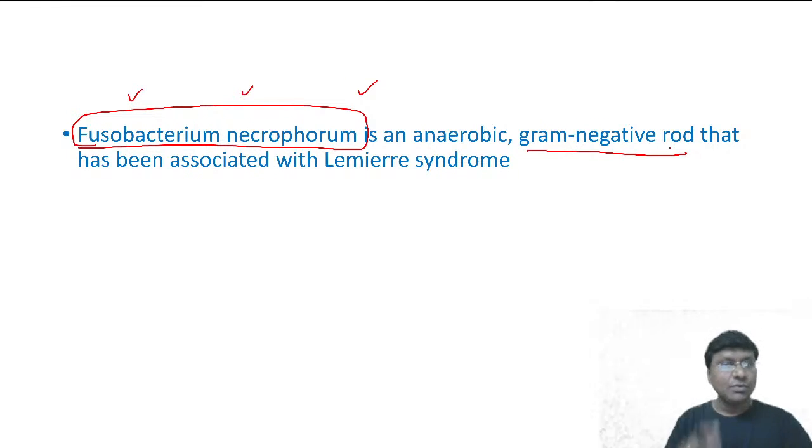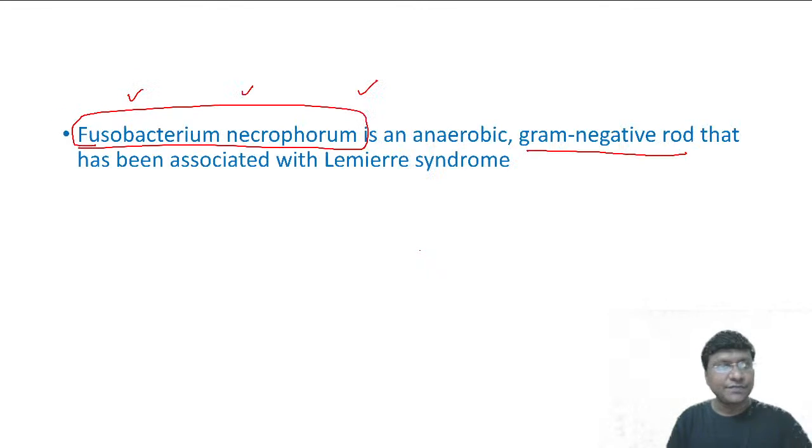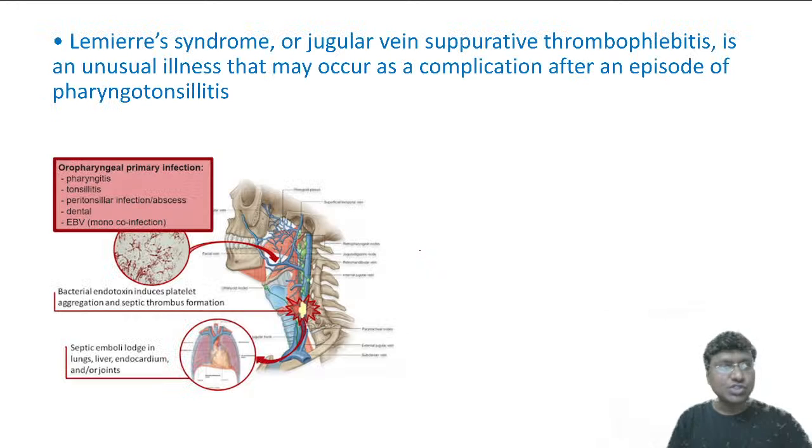Now, what is the source? Why is this particular internal jugular vein having the thrombosis here? Where is the source of infection? In Lemierre syndrome, the source of infection is the oropharyngeal area. It could be from pharyngitis, tonsillitis, peritonsillar abscess, or dental abscess.